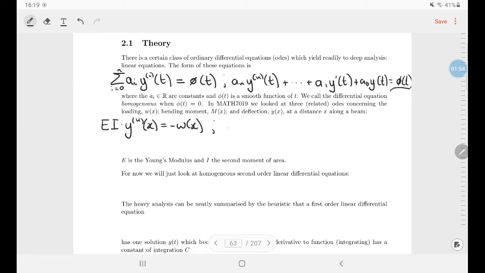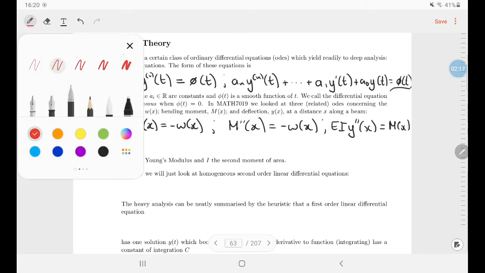The other one was the second derivative of, we'll write the constants underneath just to show you, was this one. And then the fourth one was EI times the second derivative is equal to the bending moment. So the thing on the right hand side every time is the f, and we'll just write down the things here.